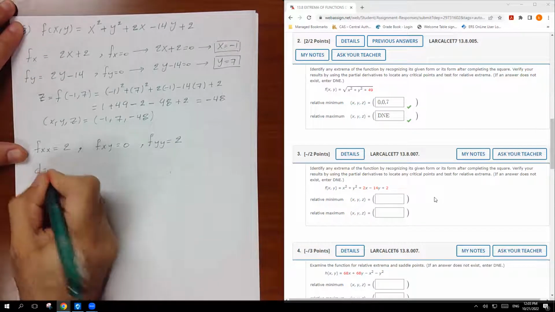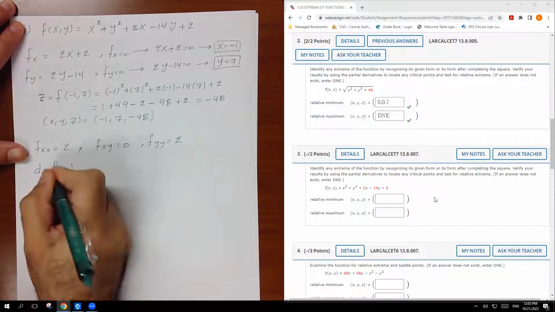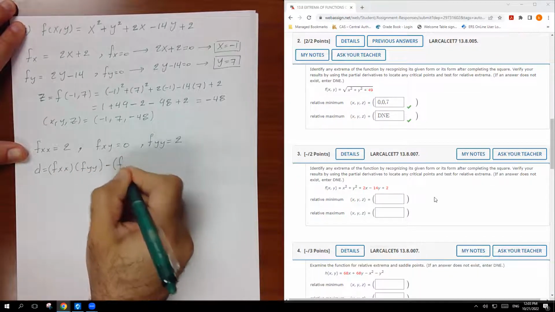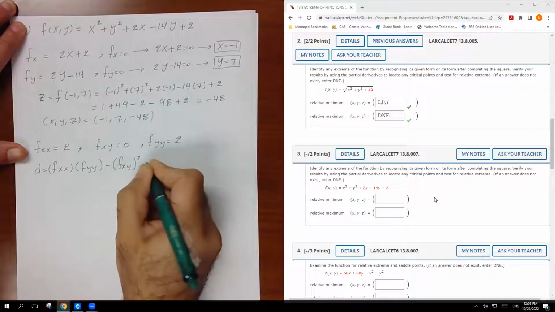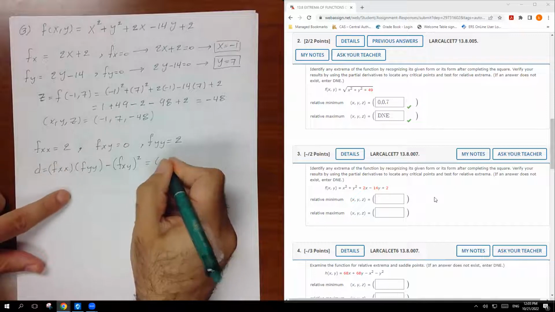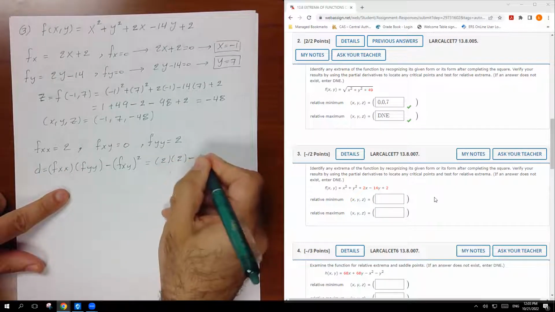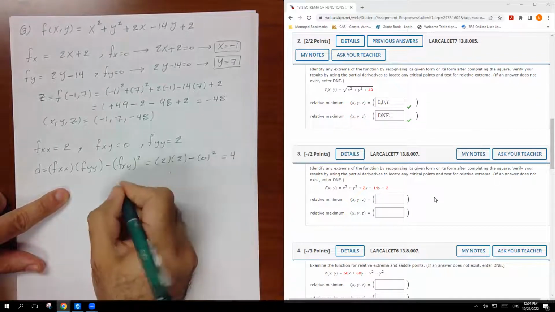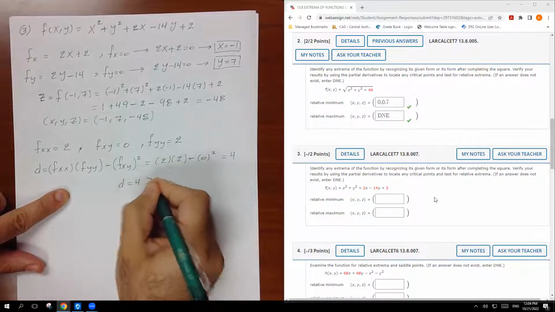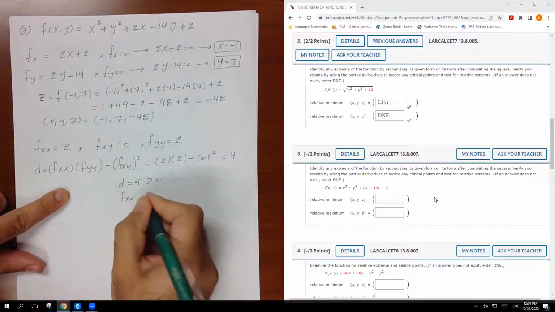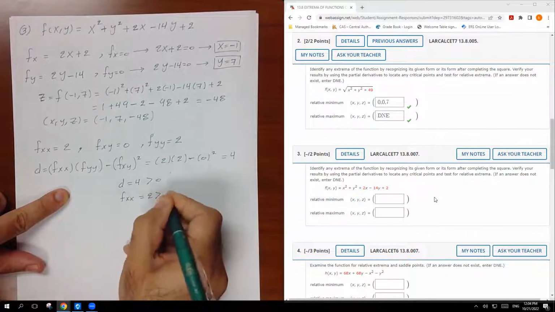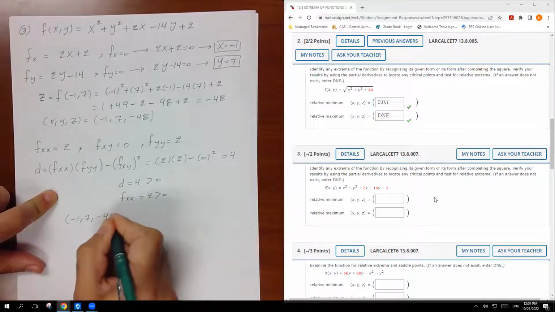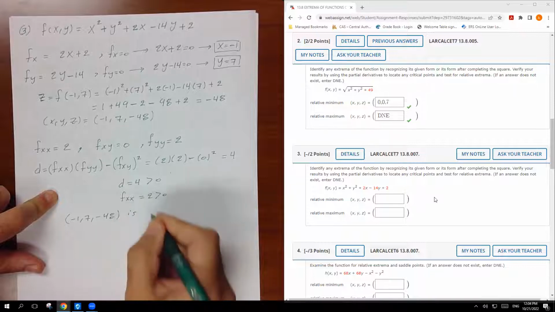Now our D is f sub xx times f sub yy minus f sub xy squared, which is 2 times 2 minus 0 squared, and this equals 4. D equals 4, greater than 0, and f sub xx is greater than 0, then the point negative 1, 7, and negative 48 is an extrema minimum.